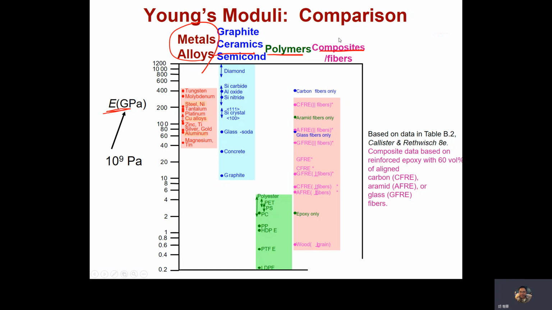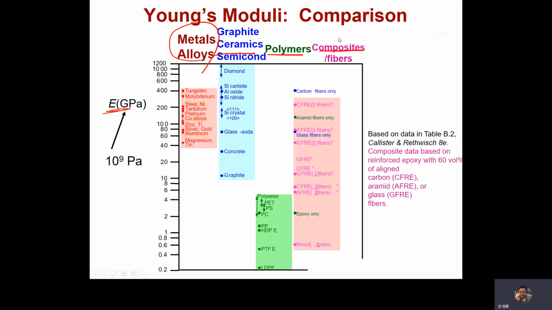And for applications such as toys or some products which don't need high strength, and what I need is reduced cost, we can choose the polymer, the plastics, right?